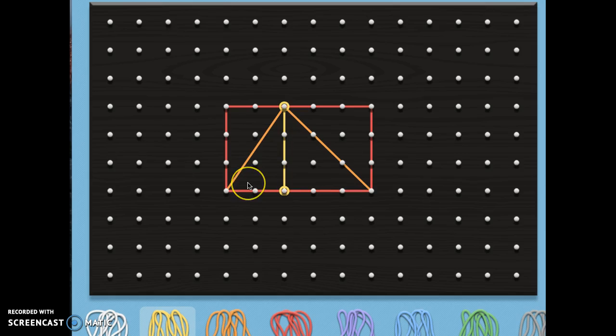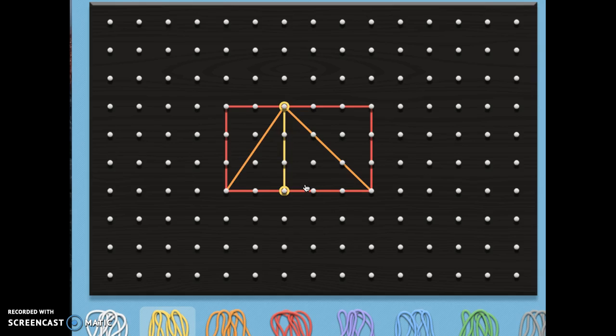So the area of any triangle is the base times the height, which is the distance straight up and down, because we want to cut it in half. Base times the height, and then we're going to divide it by 2 because we can put a rectangle around it. So the area of a triangle is base times height divided by 2.